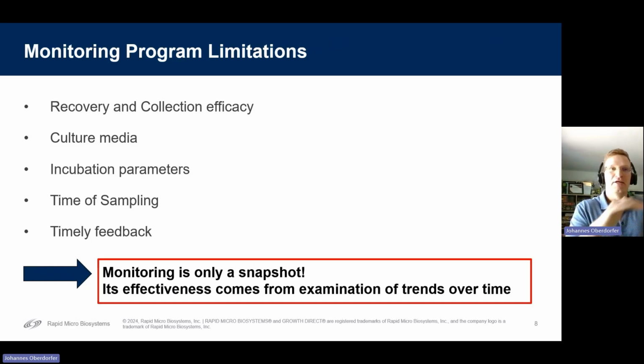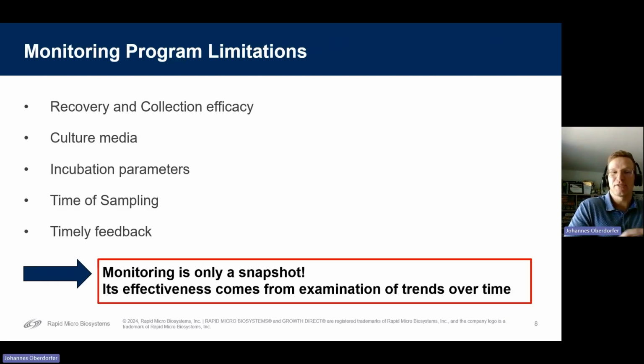And the sampling sites that we chose are also just a reflection of, after risk assessment, a best practice approach to find the most possible contaminations or sources of contaminations and spots that are highly frequent.